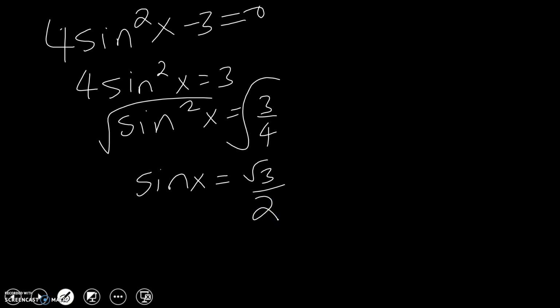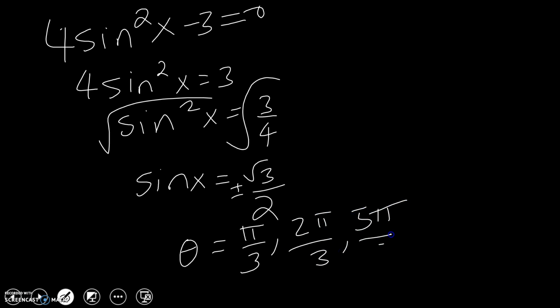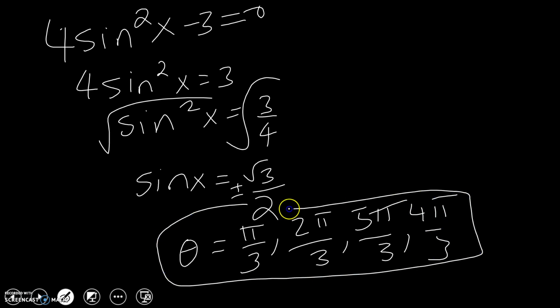Boom, that's my answer. But remember that this has to be plus or minus. So theta is going to be equal to pi over 3, 2 pi over 3, 5 pi over 3, and 4 pi over 3. How do I know this? Because I know my unit circle.